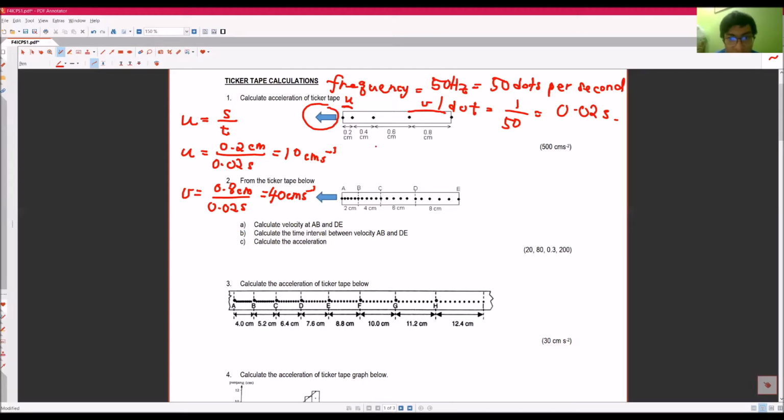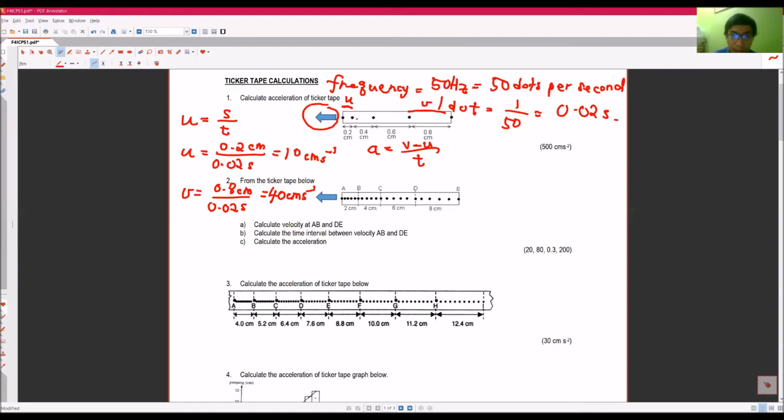Now we look at the formula for acceleration, which is a equal to v minus u divided by t. We have the value of v and the value of u, but we don't have the value of t, the time taken between the initial velocity and the final velocity.